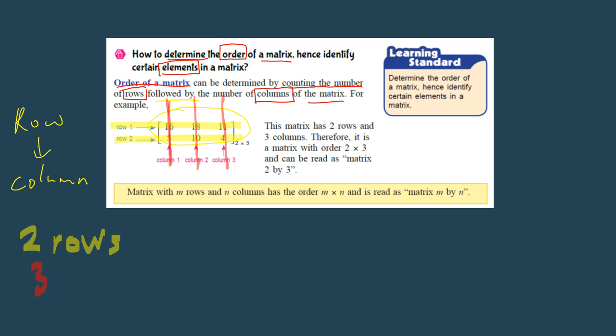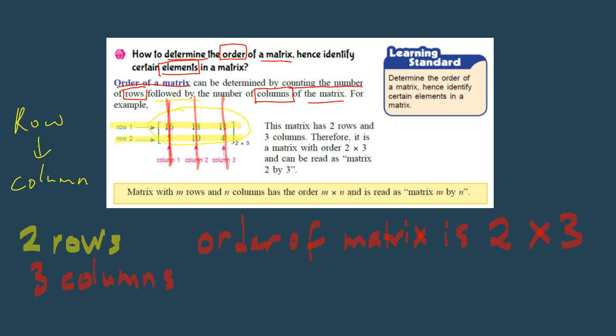So you have 3 columns. So you say the order of the matrix is 2 by 3.